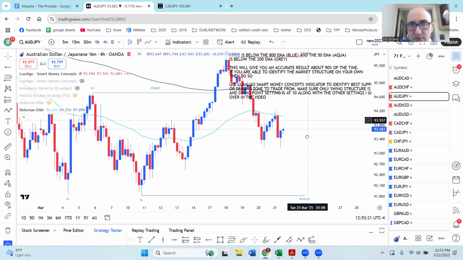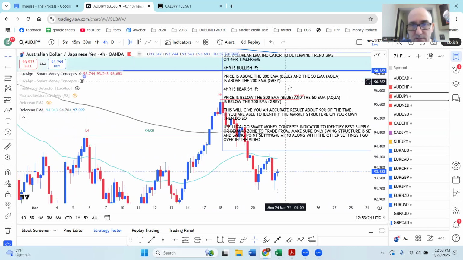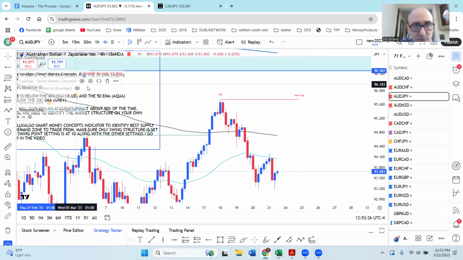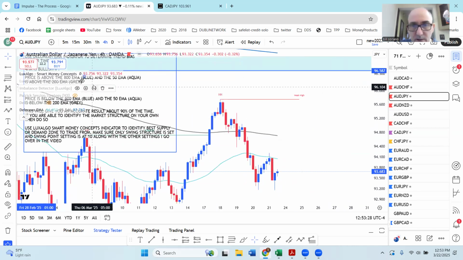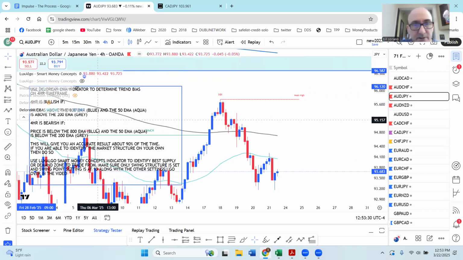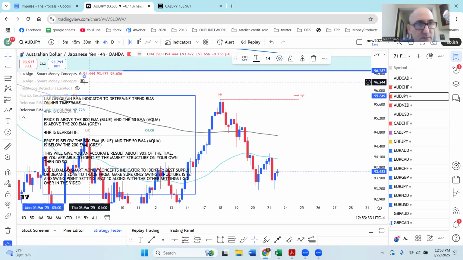AUDJPY, this is some writing I have here. Let me just move this over here. This is also bearish, and we have our order block still up here.